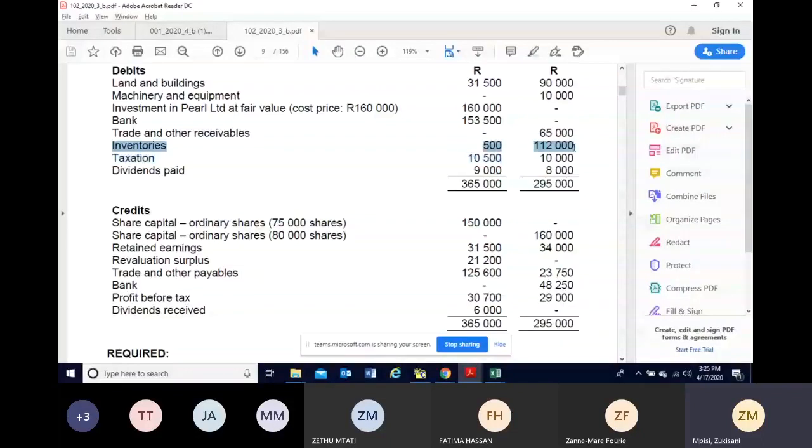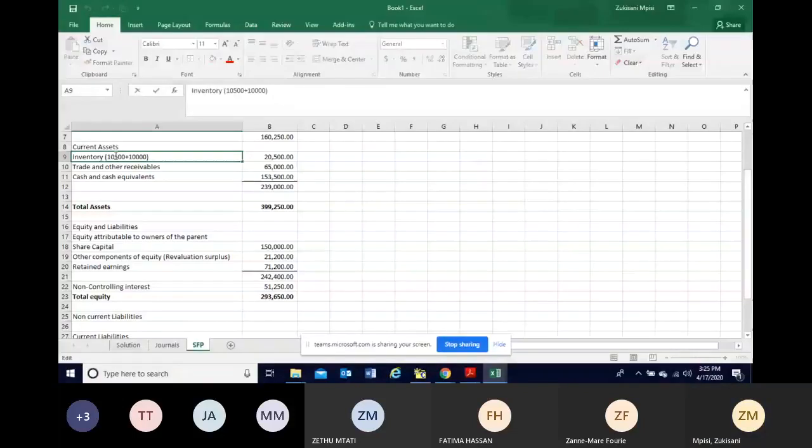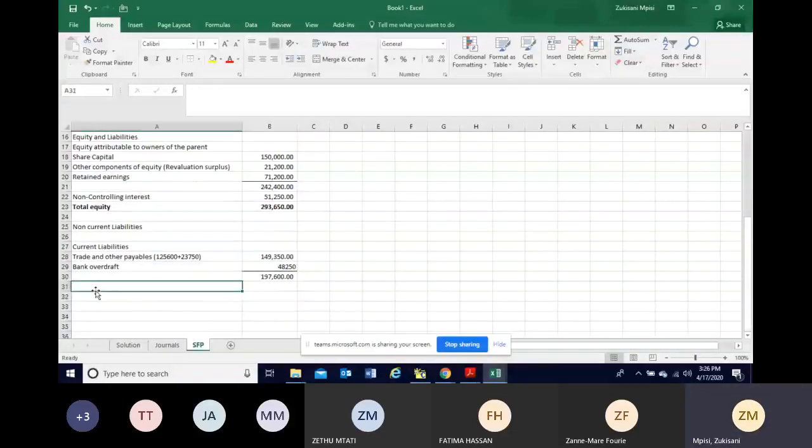So inventory is 500 and 112. Then we've got total liabilities and equity.